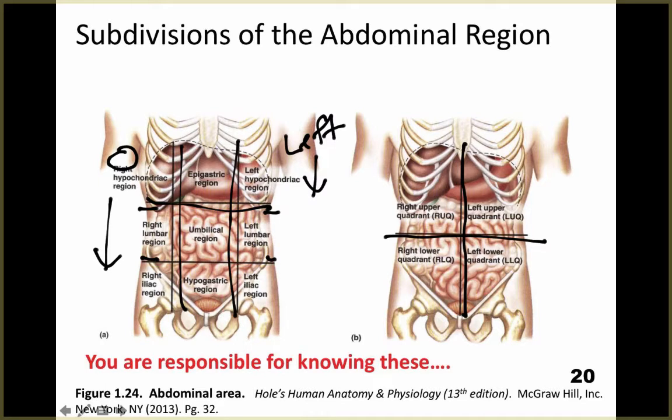The iliac region has to do with the hip bones. In the center, you have the umbilical region, kind of where your belly button is. Above it is epigastric, and below it is the hypogastric region. So those are the subdivisions for that area.